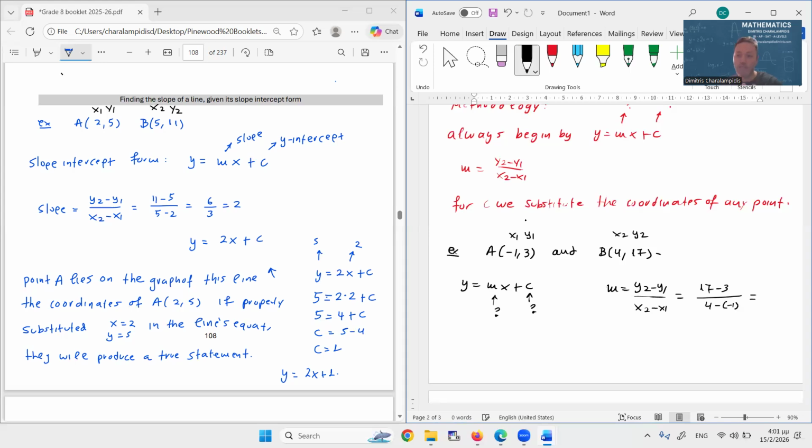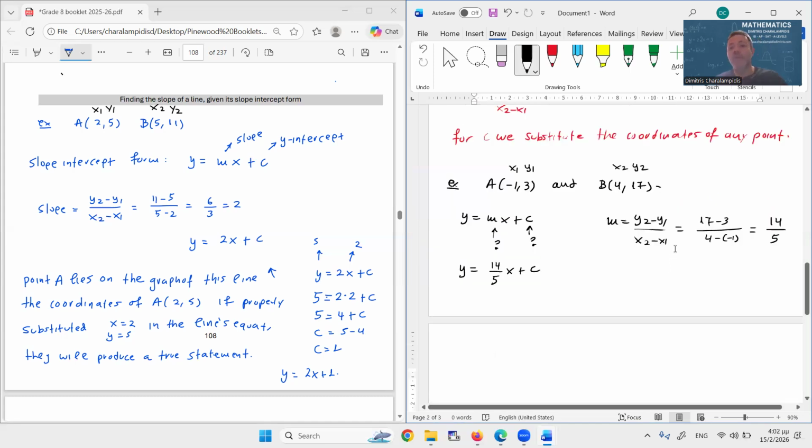Please be extra careful with the signs. 17 minus 13 is 4. 4 minus minus 1 is 4 plus 1, so 4 over 5. Okay, it's not a whole number, but it's still a number. We shouldn't be afraid of fractions. So far, we know that instead of y equals mx plus c, I can equivalently write it as 4 over 5 x plus c.